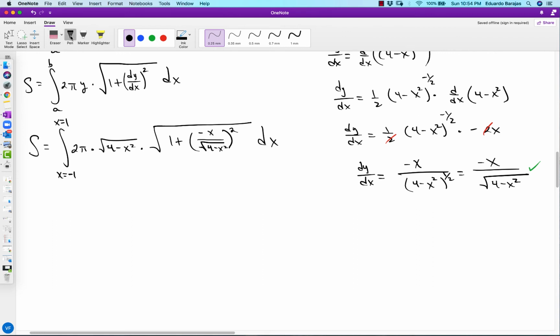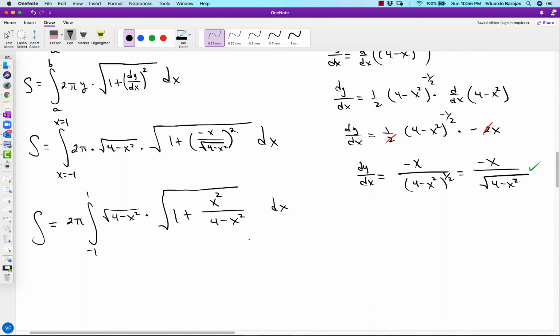So S is equal to, I'm going to pull out that 2 pi, 2 pi times the integral from negative 1 to 1 of the square root of 4 minus x squared times the square root of 1 plus x squared over 4 minus x squared, and then we still have a dx there.